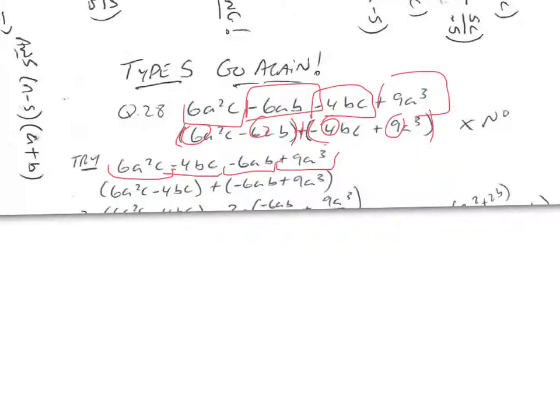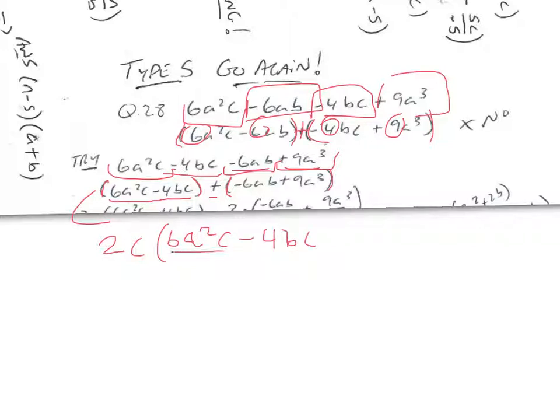So now we group those first two terms, 6a squared c minus 4bc, and in brackets minus 6ab plus 9a cubed. So now we look for our common term here. I'll just do this one out here. So it appears that the common number to this is 2, and the common letter is c, into 6a squared c minus 4bc over 2c over 2c.